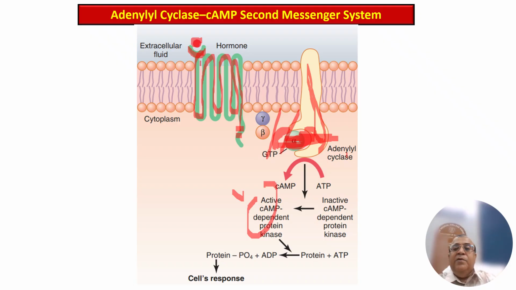The active form of these kinases phosphorylate specific proteins using ATP and turn them into phosphorylated proteins.